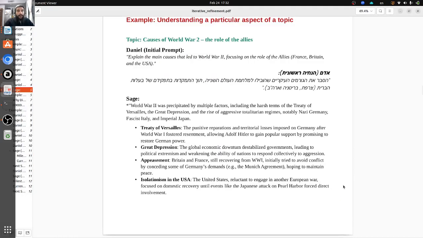In this example, I would like to demonstrate how a person can take advantage of the iterative refinement technique in order to deepen his understanding of a particular aspect of some topic.